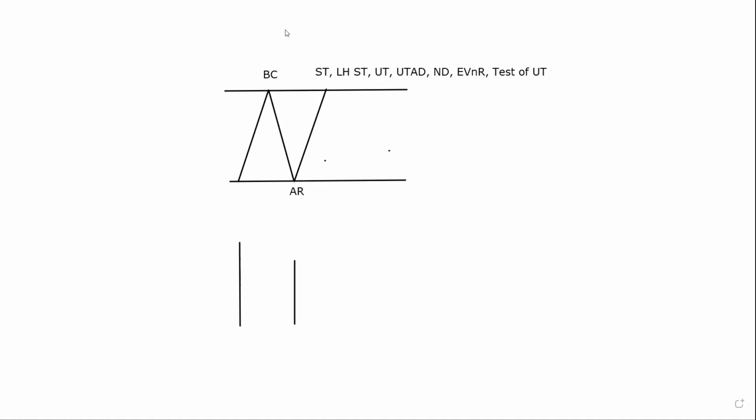Got it? But let's suppose we make the test again here, and after the test we have a spring. During the spring pattern, we see the volume becomes extraordinarily high, higher than the buying climax volume.